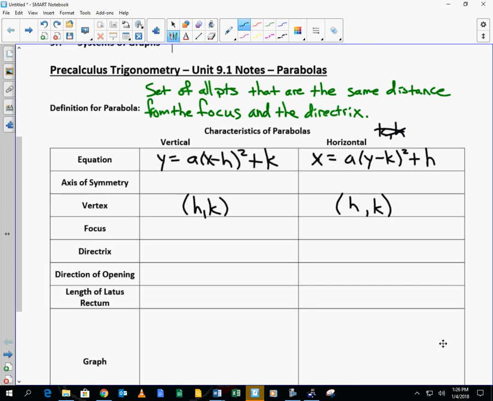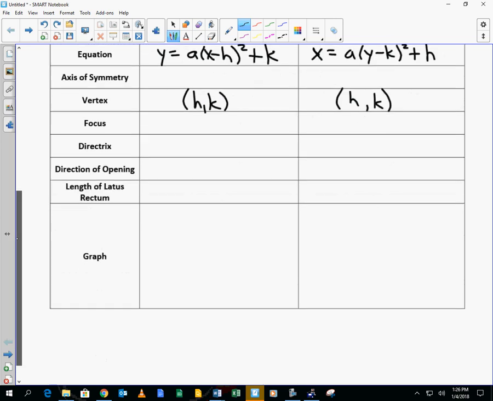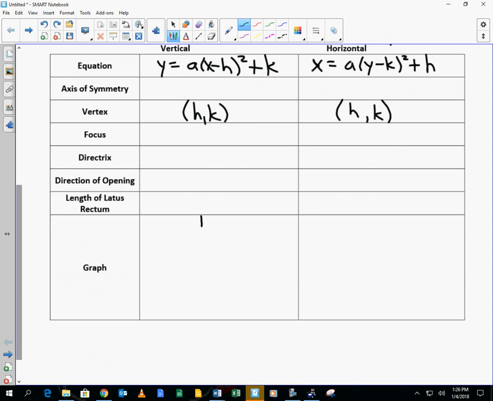Okay. Let's actually draw a graph of the first one and start to list some of the characteristics. So if I have a vertical parabola that looks like this, you guys are all familiar with this spot, which we call the vertex. One other piece that you're familiar with about the parabola is the axis of symmetry.